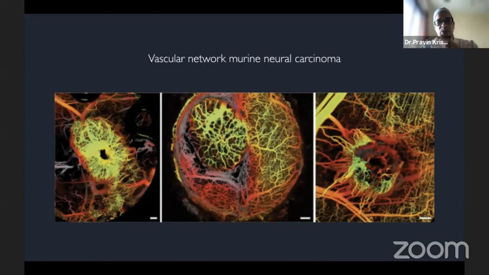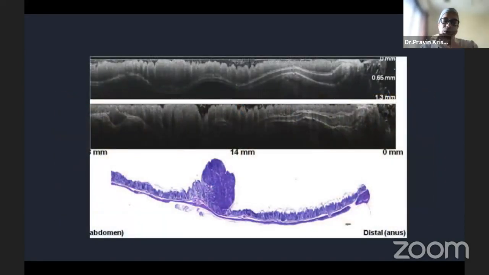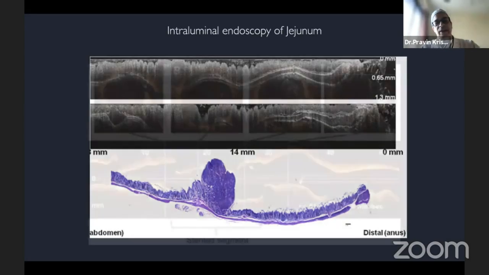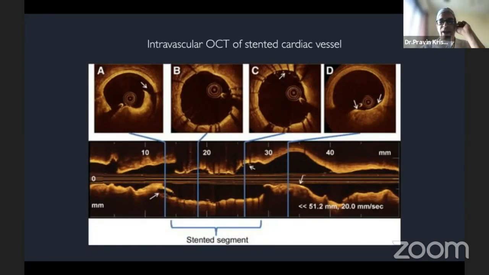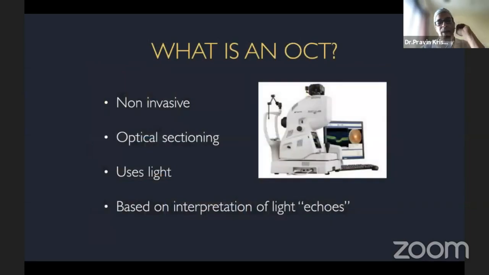It is used widespread in looking at vascular endothelium and also about endothelium of the gut, as well as used by CTVS surgeons for stenting of blood vessels and to look at the thickness of plaque. So OCT is not only limited to ophthalmology, but it has wide-ranging applications in several areas of medicine.